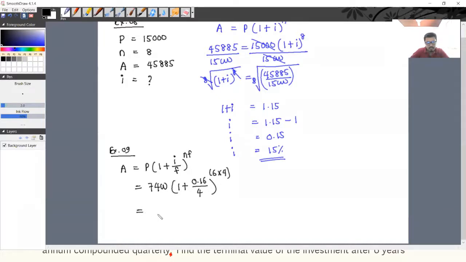Once you simplify this, what should be the answer? 18,968.45.